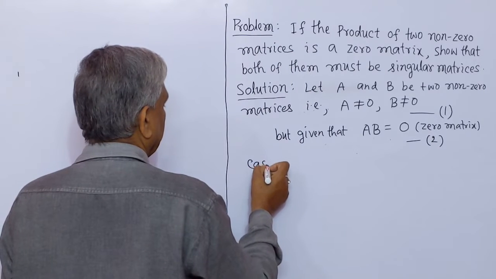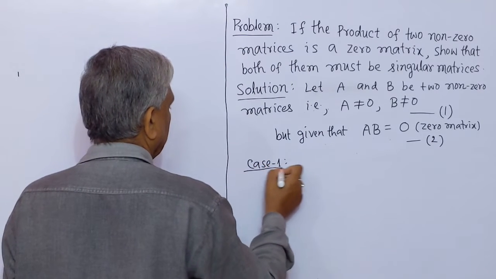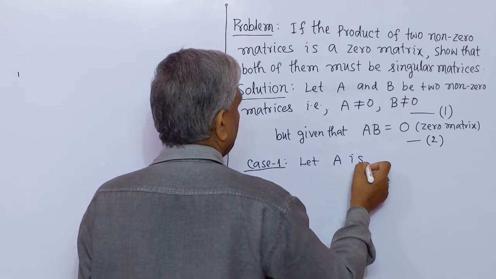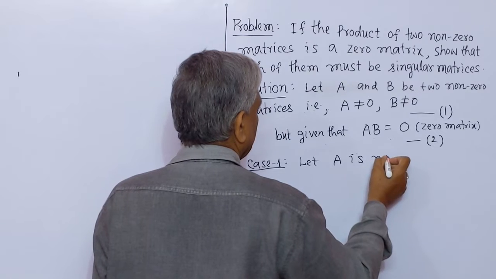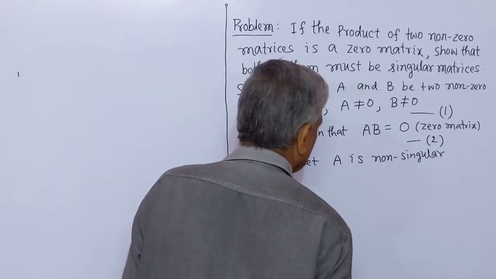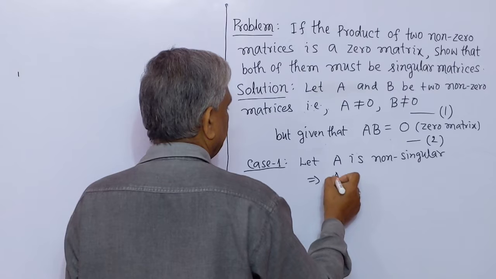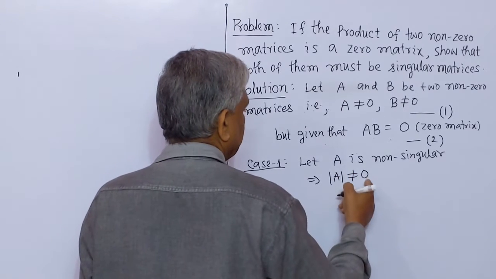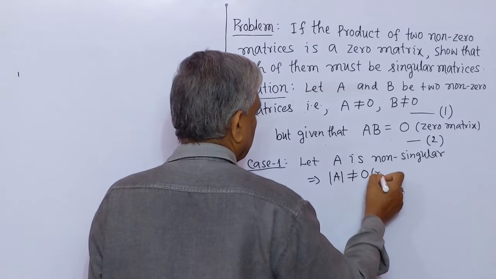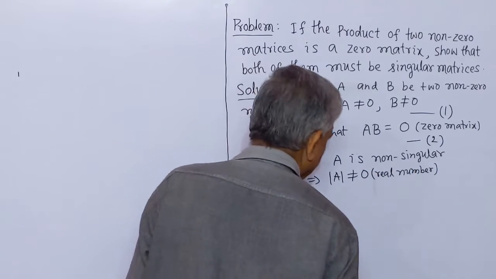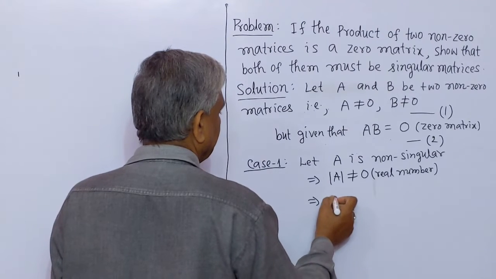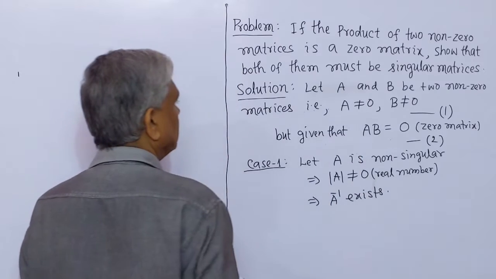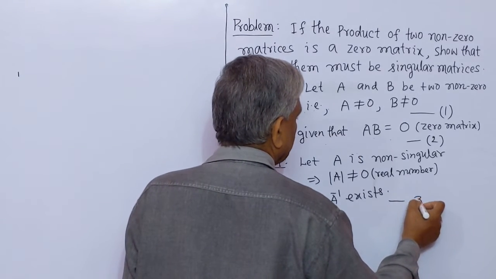Case 1. Let A be non-singular, which implies that determinant A is not equal to 0. This 0 is a real number. This implies that A inverse exists. This is number 3.